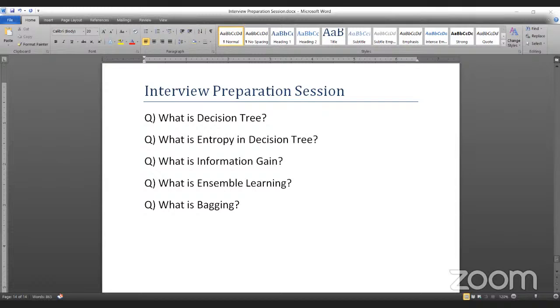All this bootstrap data is converted into small subsets of data, and we train multiple models in parallel on these subsets. So it makes the bagging model robust.